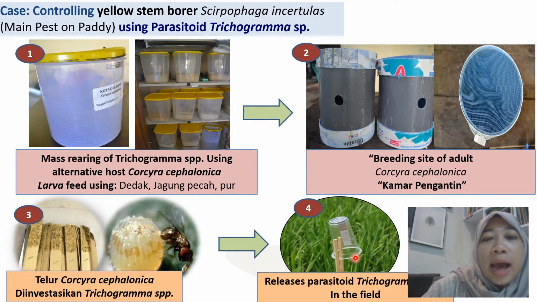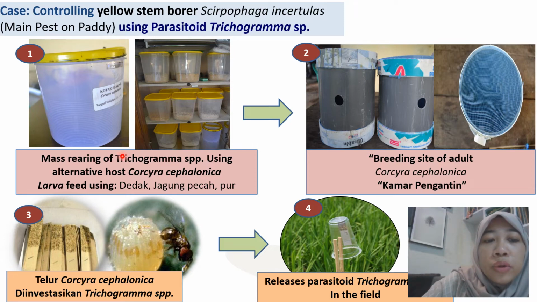And this is how to develop Trichogramma sp. by ourselves. This was done by one of the farmer groups in Karawang, mass rearing. How do we rear this parasitoid?